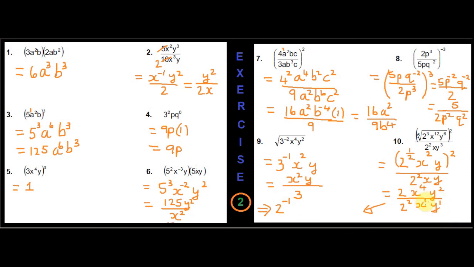So when we subtract the powers of the x's, it's going to be x cubed and then y. And lastly, we can take the 2 to the negative 1 into the denominator. So it's going to be x cubed y over 2 to the plus 1, or just 2.